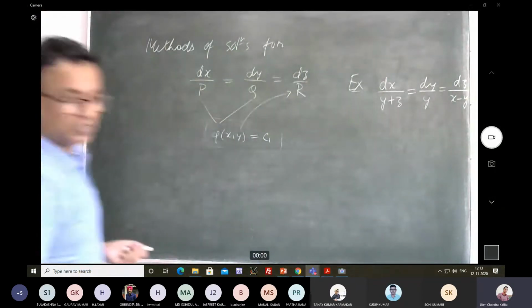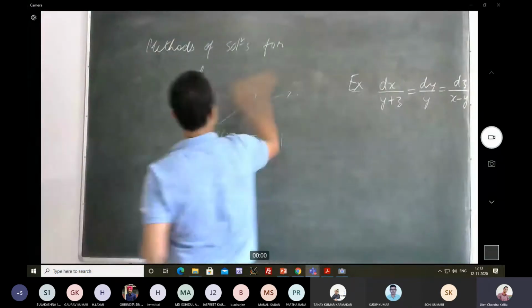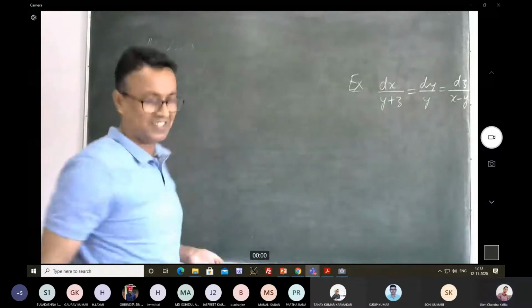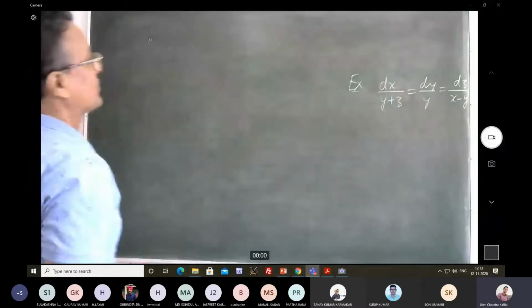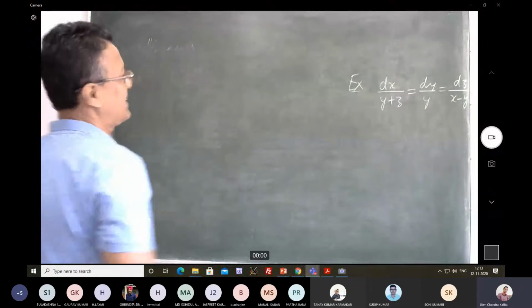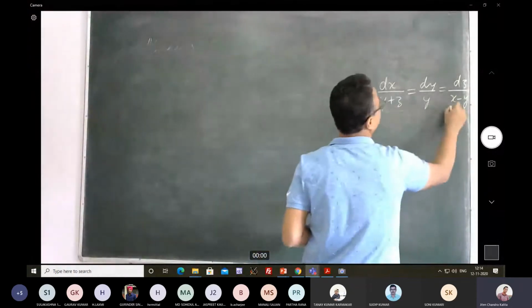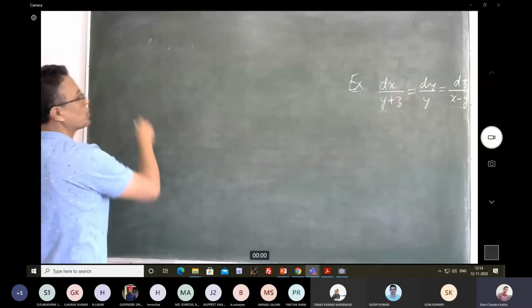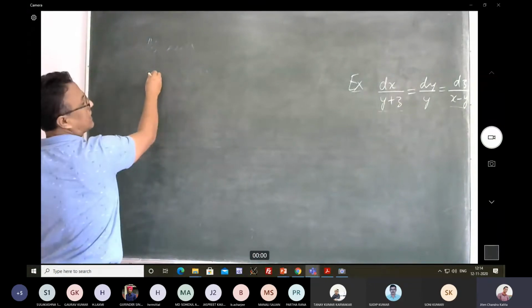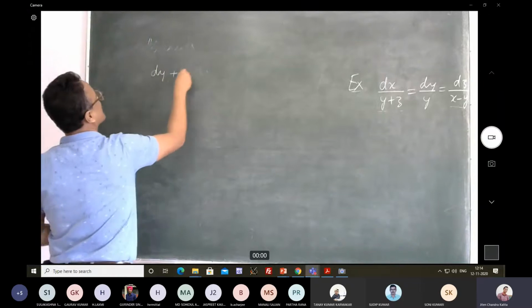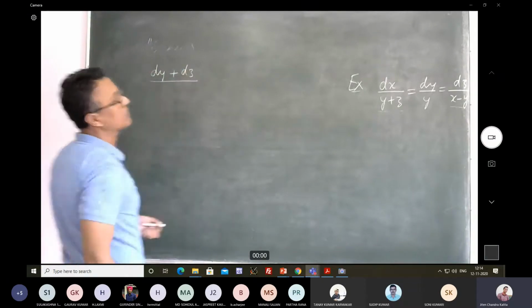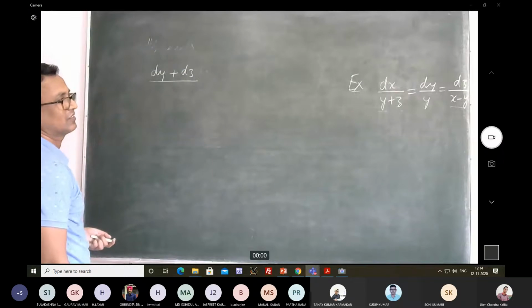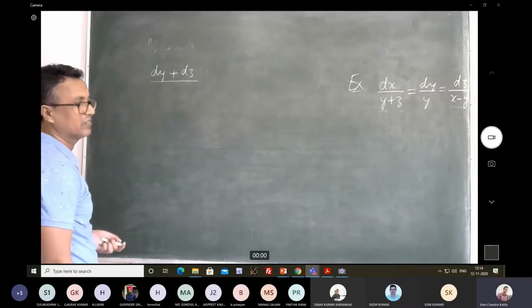Fine. So now, can you tell me how to go about this? See, basically I have y+z here and here. So if I take dy plus dz, then it is going to be divided by what? x, isn't it?